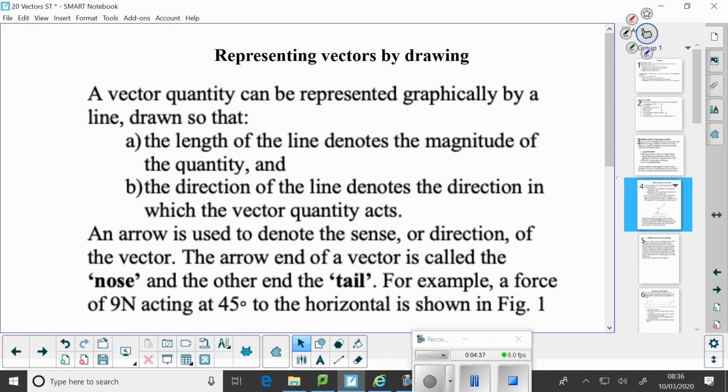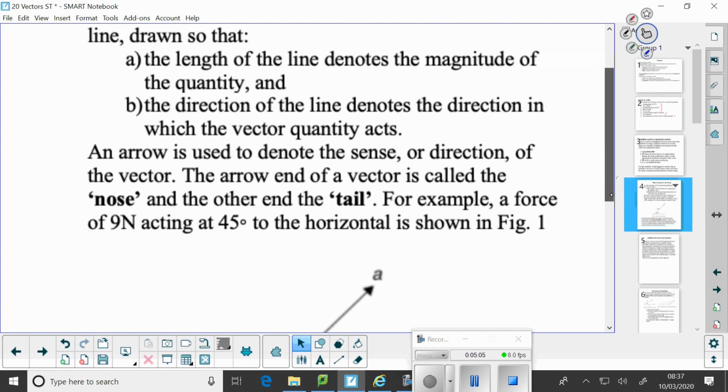So, representing vectors by drawing. We have already had a little bit of a look at this in science. A vector quantity can be represented graphically by a line drawn so that the length of the line denotes the magnitude of the quantity, and the direction of the line denotes the direction in which the vector acts.